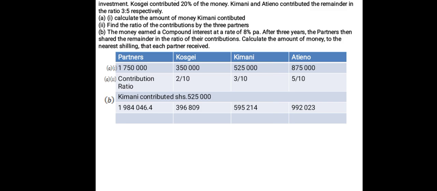Now, if we divide each person's contribution by the original amount, 1.75 million, we get that the ratio of contribution for Kosgei is 2/10, Kimani is 3/10, and Atieno is 5/10.